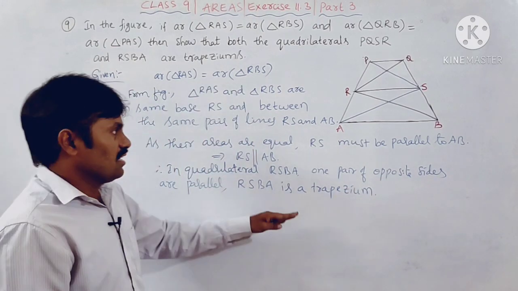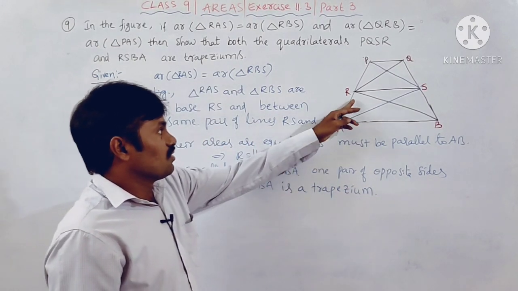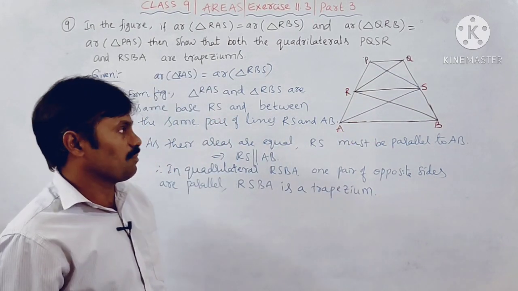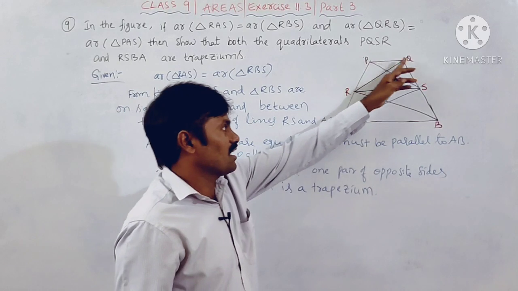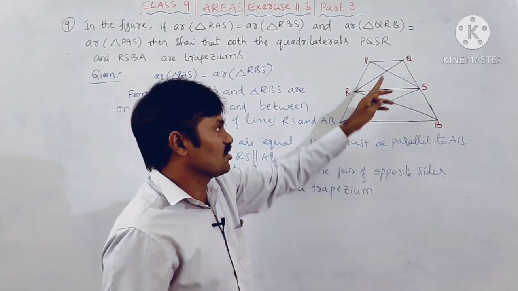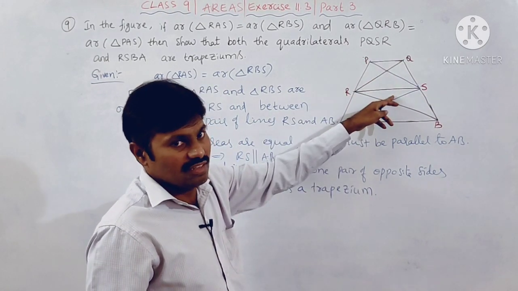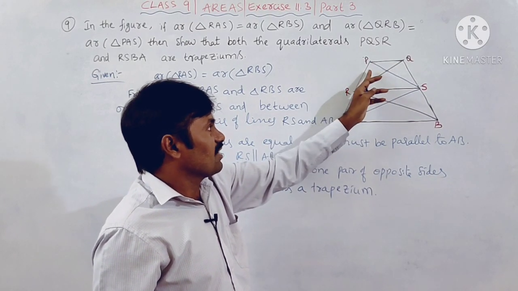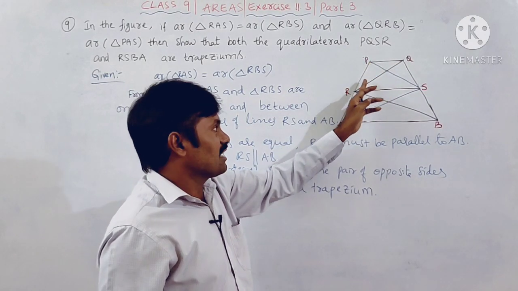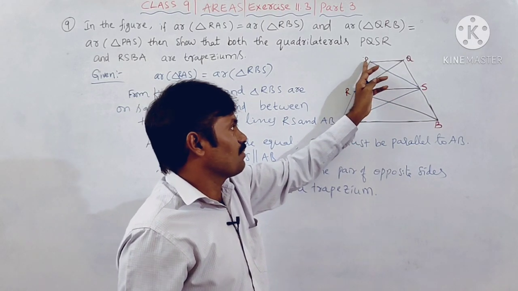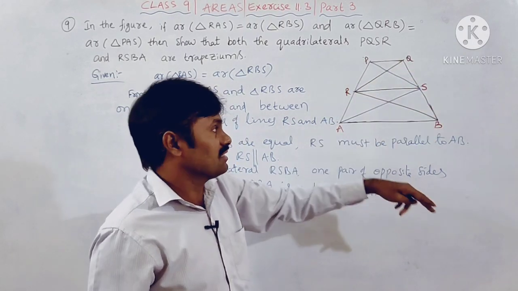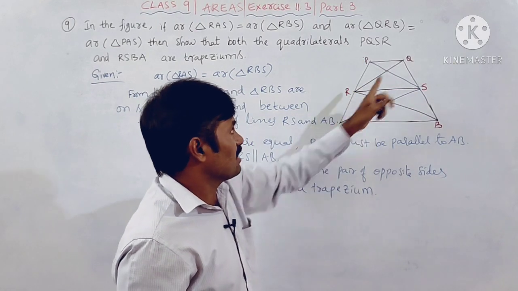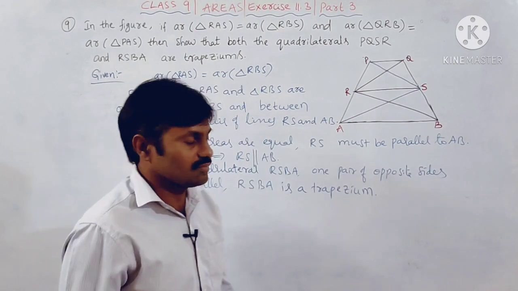Is it clear? Now we have to prove that PQSR is also a trapezium. To prove PQSR is a trapezium, you have to show that PQ is parallel to RS. Here they are not given the relation between the areas of triangles PQR and PQS, but they are given that the areas of PAS and QRB are equal.